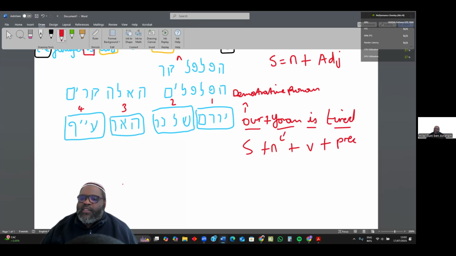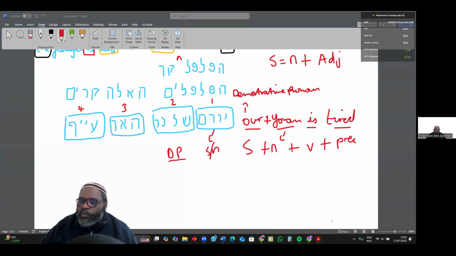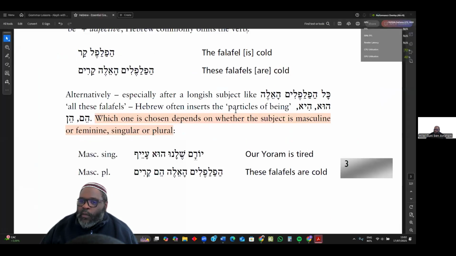So these are the four parts. In Hebrew, we have these four parts as well. We have Yoram, who is the subject and the noun together. Shelanu, this is our demonstrative pronoun in English, like our. But they don't call it a demonstrative pronoun. This is called particle of being.